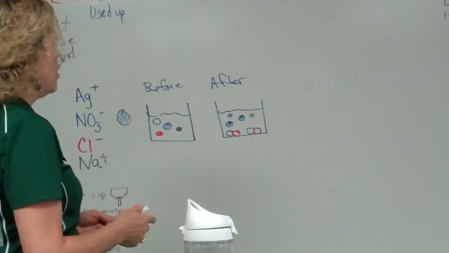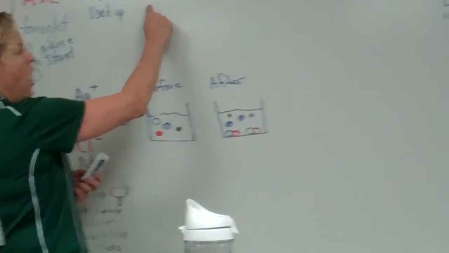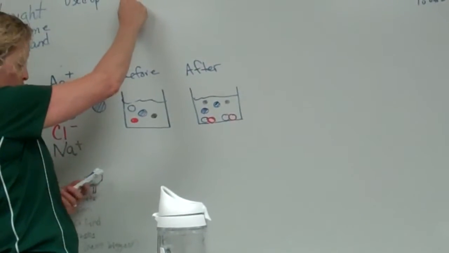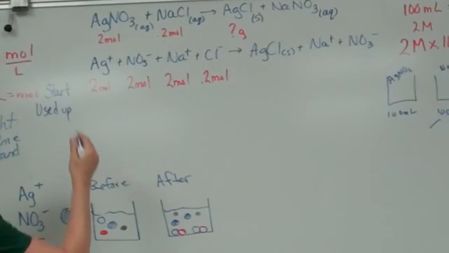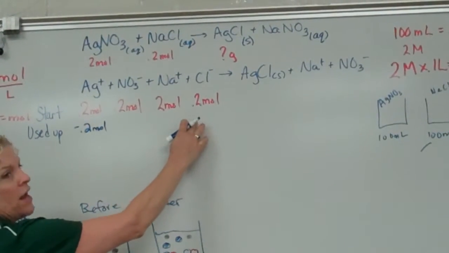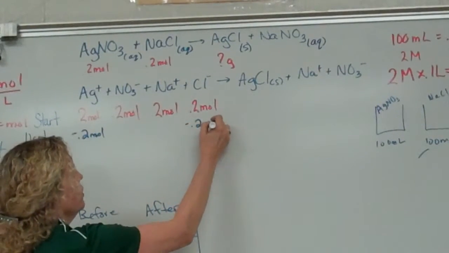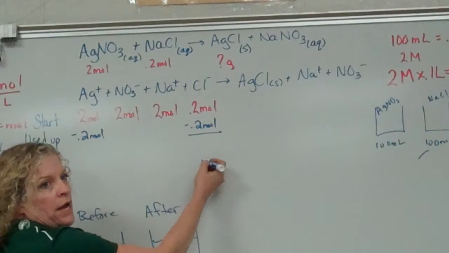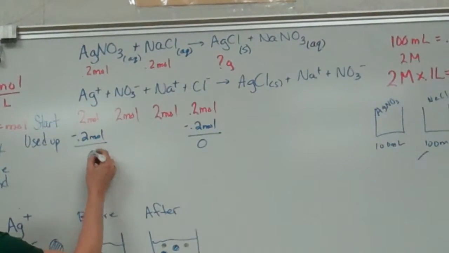Okay. So really quick, how many of the silver ions were used up? All of it. 0.2. How many of the chloride ions were used up? All. 0.2. So how much is left over for the chloride? 0. And how about the silver? 0.